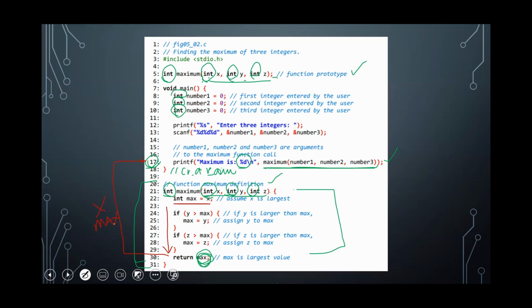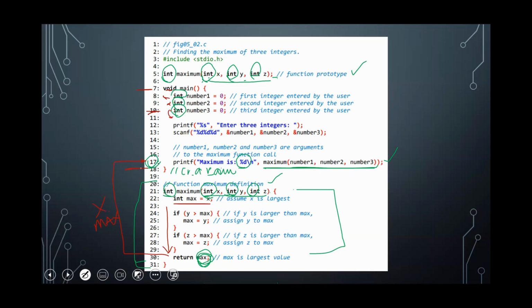So just remember, when you define a variable, it only lives within the block. The same thing goes with our main. I've got 3 variables declared here on 8, 9, and 10. And those 3 variables, number 1, number 2, number 3, only live between 7 and 18. Outside of that, they don't exist. So that's just something to point out.